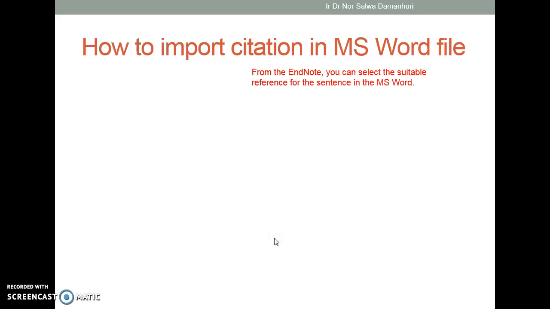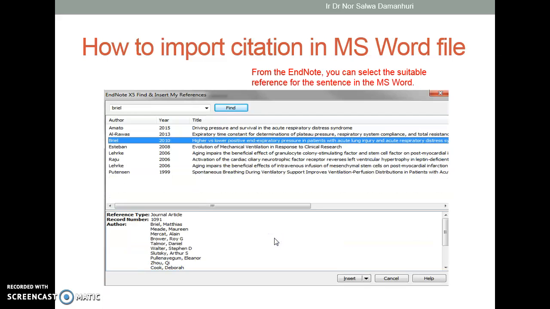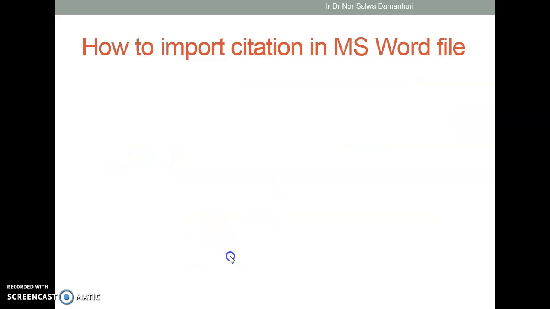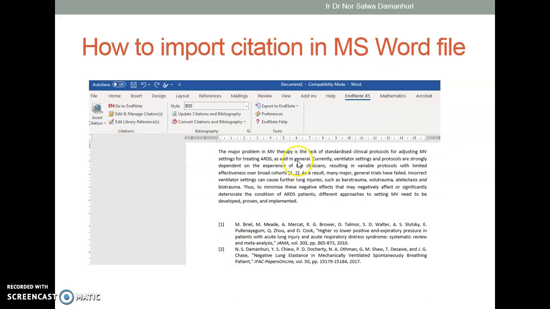From EndNote, you can select the suitable reference for the sentence in Microsoft Word. For example, you can find the name of the author here and click Find, and then click here, and it will automatically import it back into your Word. If you have more than two references, they will be labelled as 1 and 2. So these are the references.